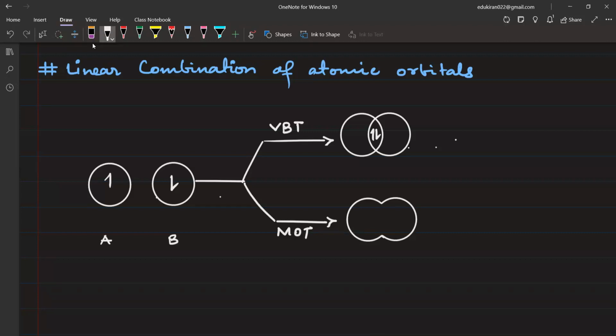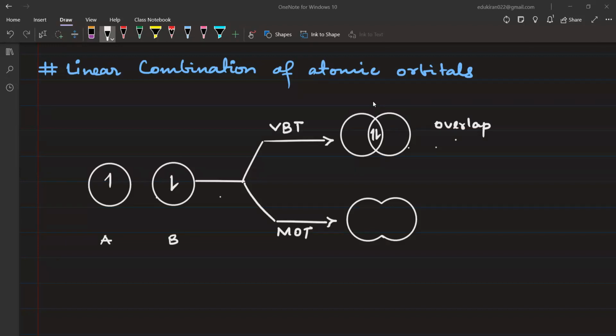As you can see, in the VBT overlapping, this is an S orbital and the other one is also an S orbital. That means they are maintaining their identity.